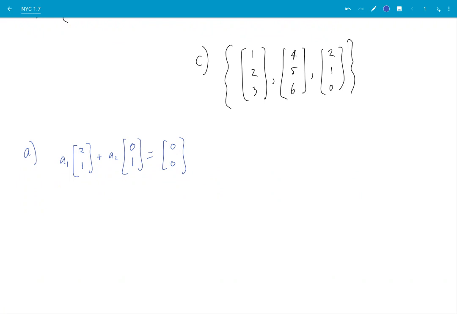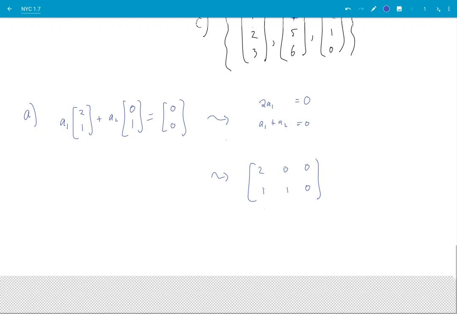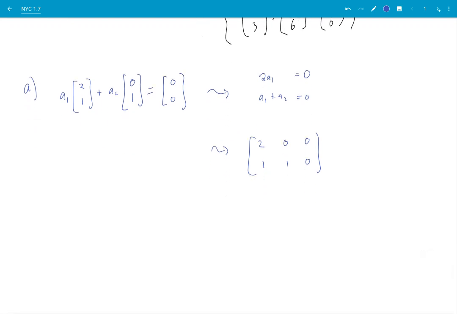So I'm going to try to find a dependence relation. Well, what happens? You end up doing something familiar. You end up with 2A1 and then A1 plus A2 equals 0. This equals 0. So you get a matrix: 2, 0, 1, 1, 0, 0. I'm trying to find what are the possibilities for A1 and A2.